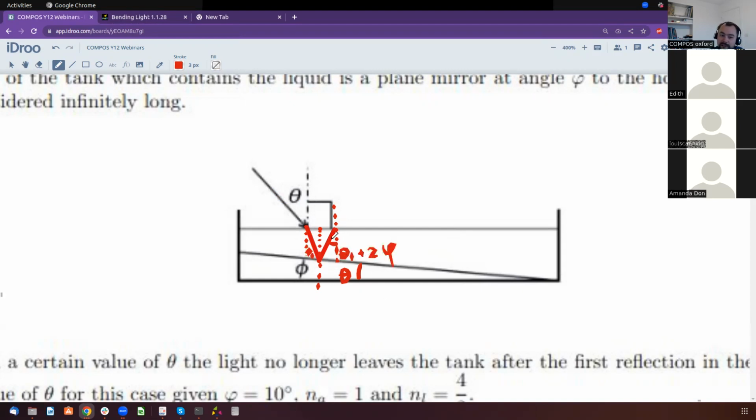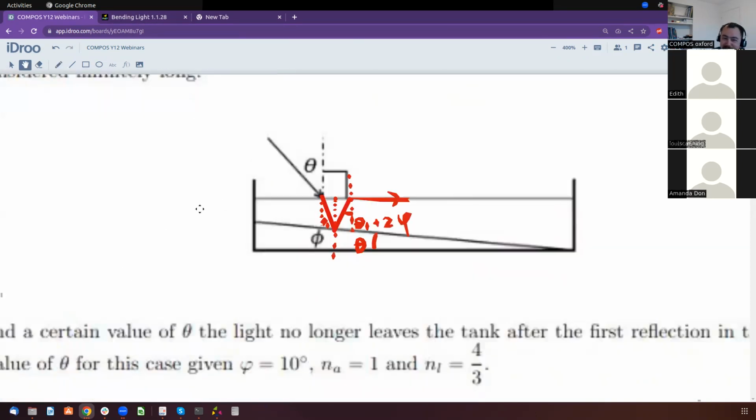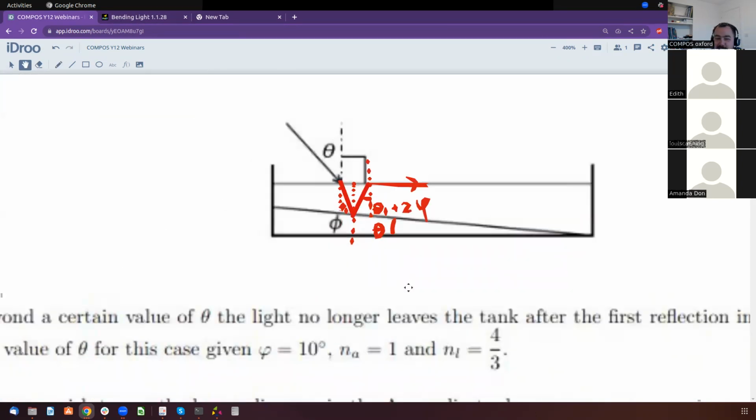That's what's going on. So this angle increases by 2 phi because of the reflection, because of the slanted mirror, and then it doesn't leave. Okay, I don't want to do the maths here. I want you to figure it out. Do you have any questions about this problem?